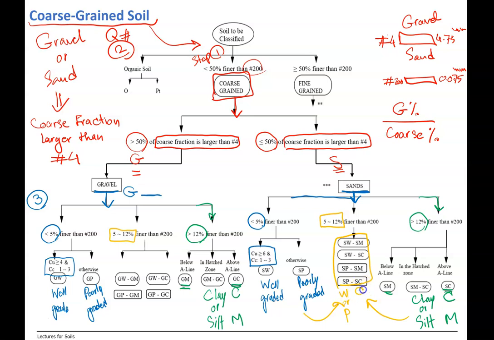Then you need to also see if the fines that we have are mostly clay or silt, and do a dual symbol. Same thing here. We do the well graded or poorly graded, and we do the silt or clay identification, and we come up with a dual symbol.